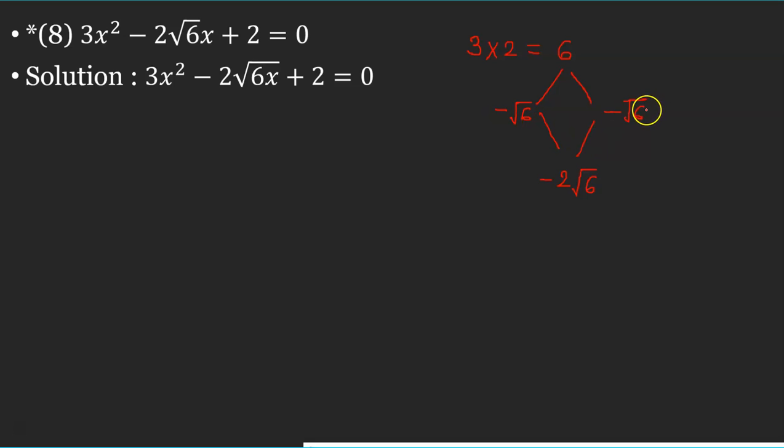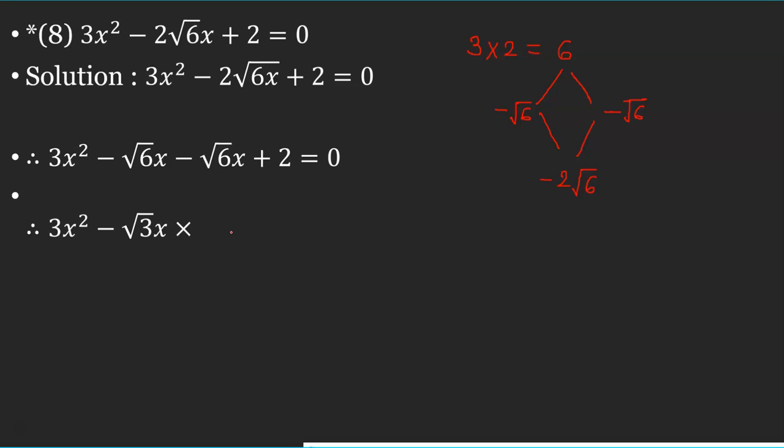Minus root 6 minus root 6 is minus 2 times root 6, and minus root 6 into minus root 6, minus minus becomes plus, gives 6. Now see this, the factors are correct. That is 3x square minus root 6x minus root 6x plus 2.